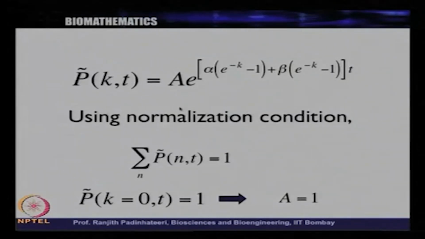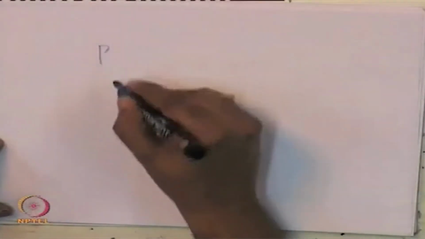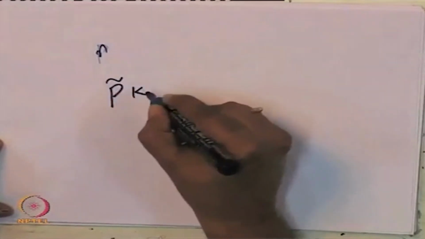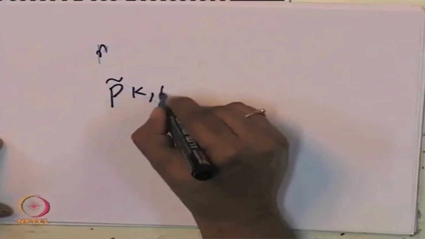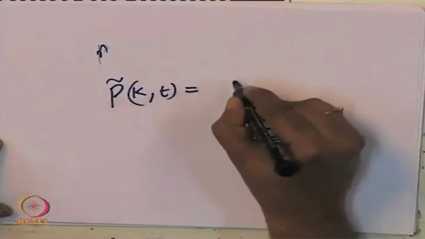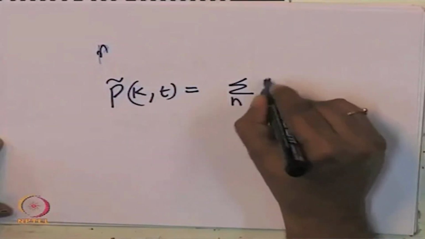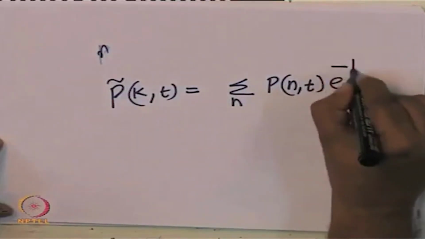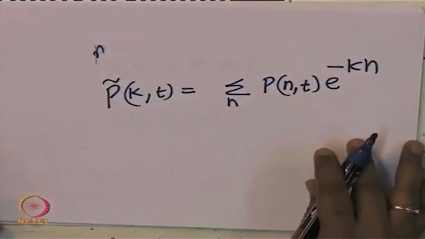But there is another interesting thing you can see. Let us think about the definition of what we did. So what we did was, p tilde of k, t was defined as the sum over n of p(n,t) e^(-kn).